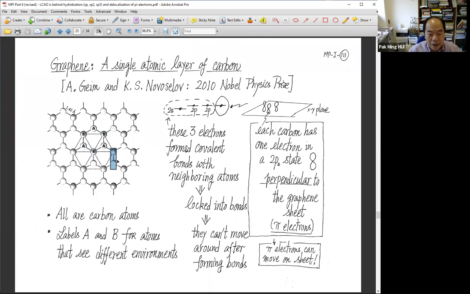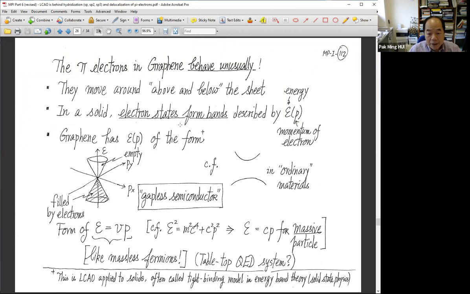That is to say, it is a 2D solid. It is solid state physics in 2 dimensions. Therefore, we can try to understand their behavior, their band structure.